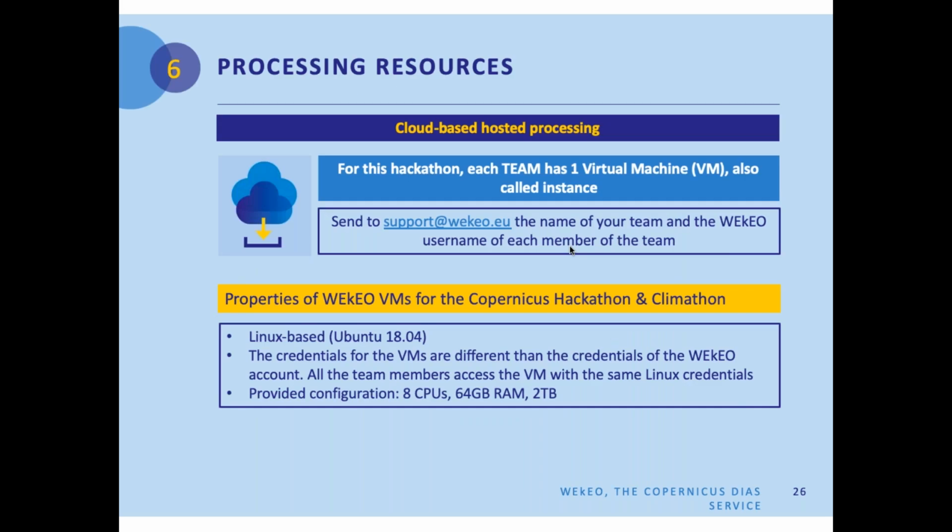The idea is that during this Copernicus Hackathon Climathon, each team will have a virtual machine, and you will be given some credentials for this virtual machine that are different from the credentials used for the registration. So that's why we please ask you to send us at support@wekeo.eu the name of your team and the username of each member of the team, so that we can create this virtual machine for you and link your accounts to this machine.